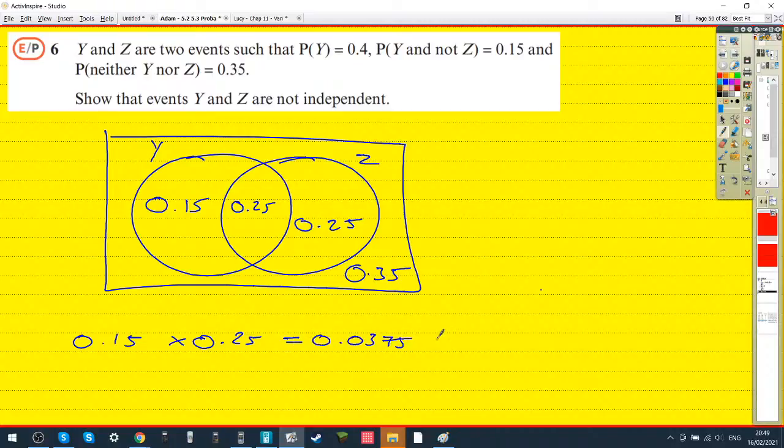And then you see if that's equal to 0.25. And they're not equal. So they're not dependent. And so really the work in that was actually drawing the thing.